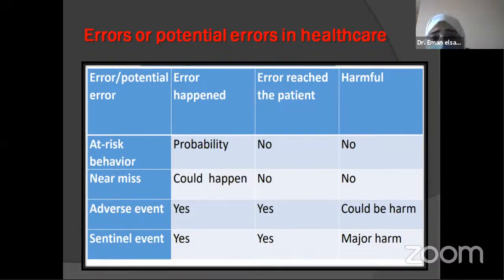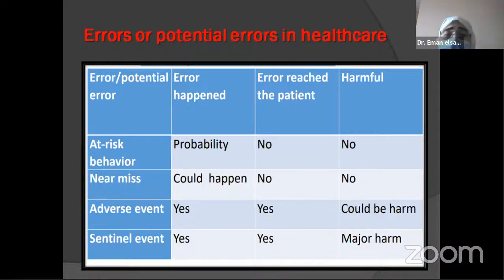Error reached the patient, no. Harmful, no. Near miss could be an error or not, reached the patient, no, and harmful, no also.